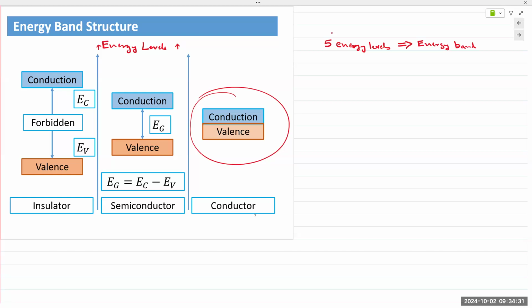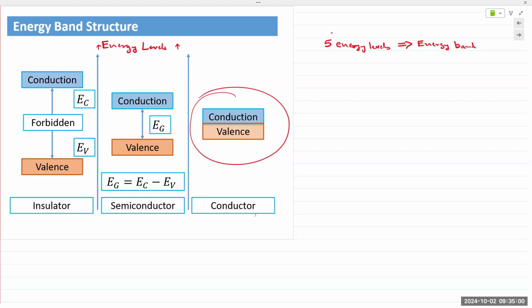You have the valence band, the energy level of a valence band, and then you have the conduction band, where the electrons have acquired enough energy to be able to freely move around the material. Okay. That is known as the conduction band energy.